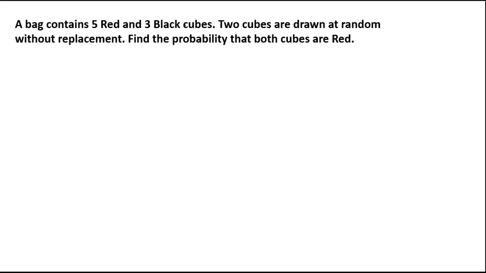Suppose the question is: a bag contains 5 red and 3 black cubes. You have a bag with 3 black and 5 red cubes. 2 cubes are drawn at random without replacement. So, without replacement.